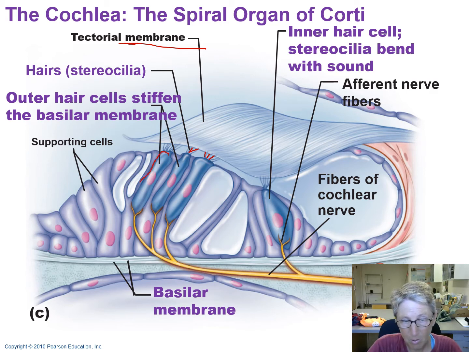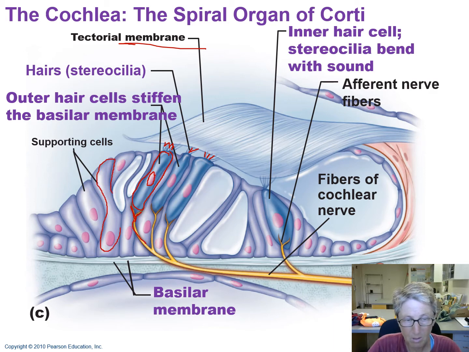Here's a whole outer hair cell with its stereocilia. Here's the outer hair cell nucleus, and you can see that fibers of the cochlear nerve are making contact with this outer hair cell. And then these cells out here are support cells.